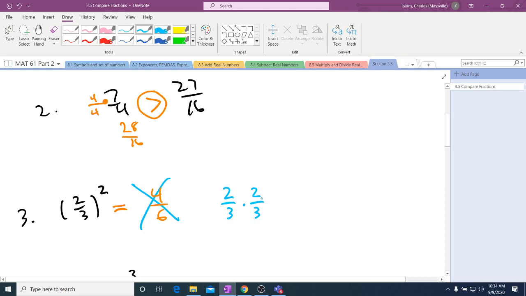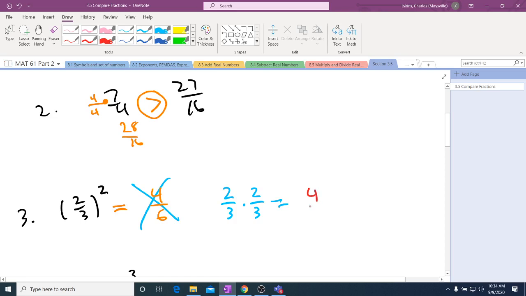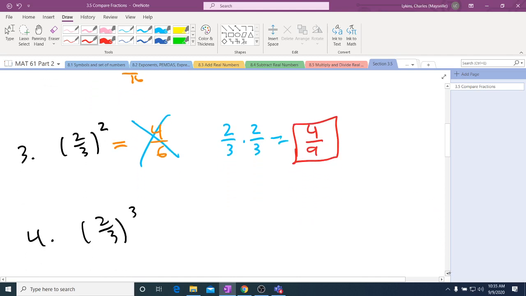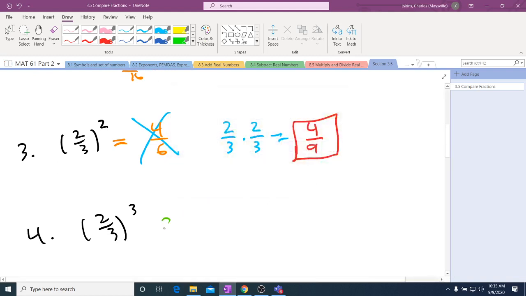So I've got 2 of my fraction 2/3. Now what you do is you multiply. 2 times 2 is 4, and then 3 times 3 is 9. Same thing with 2/3 to the third power. It's easy for us to go and say, okay, that has to be 8 over 9.